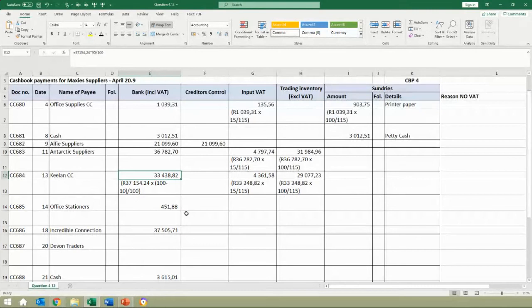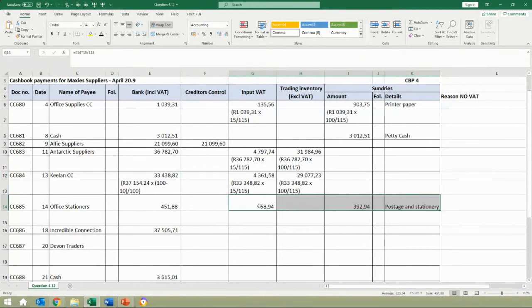Okay, so we've got a yes and a no. If you buy stationery generally at the shop, because it's a normal supply, it's not one of the items that is on your zero-rated or exempt list, you would have paid VAT for that amount. So for that one, yes, we do include the VAT.